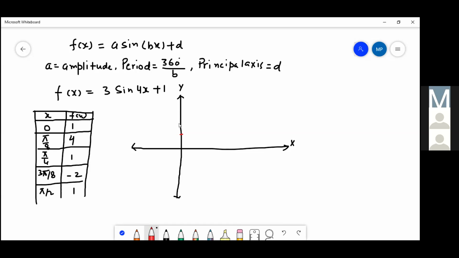They'll give us the equation, and then we have to find the amplitude, period, and principal axis. This time you will not have any question to draw the graph. This time only you will be asked to find out either amplitude, period, or principal axis.